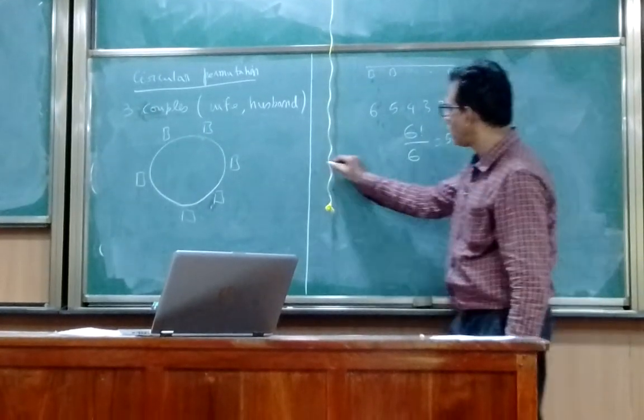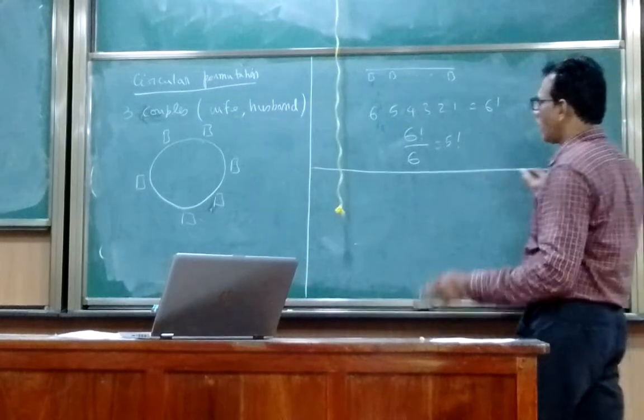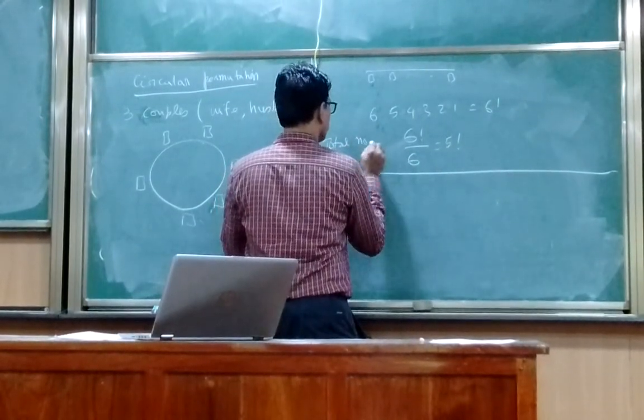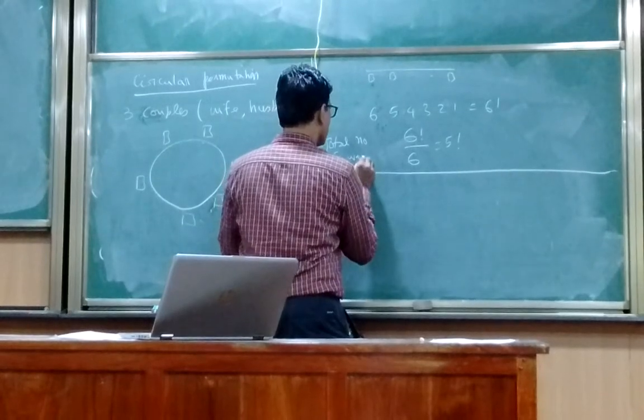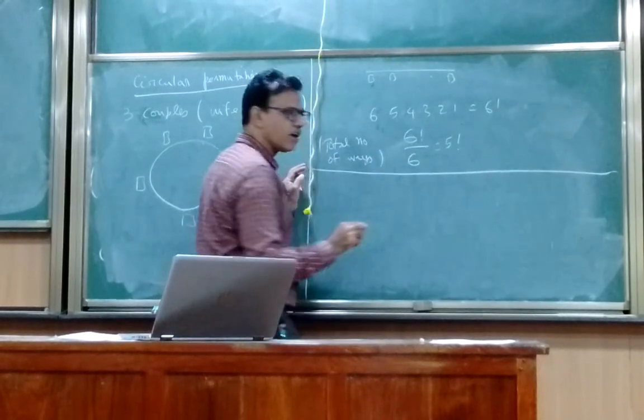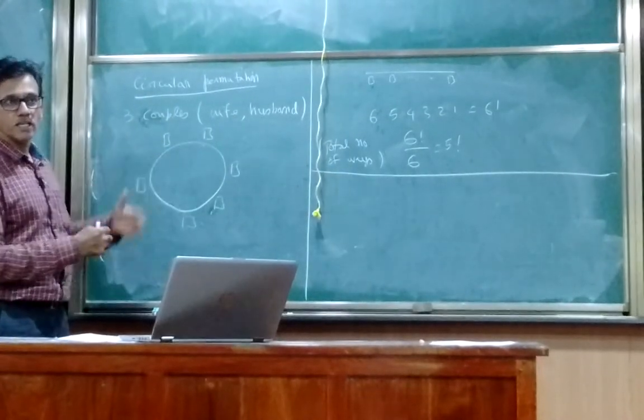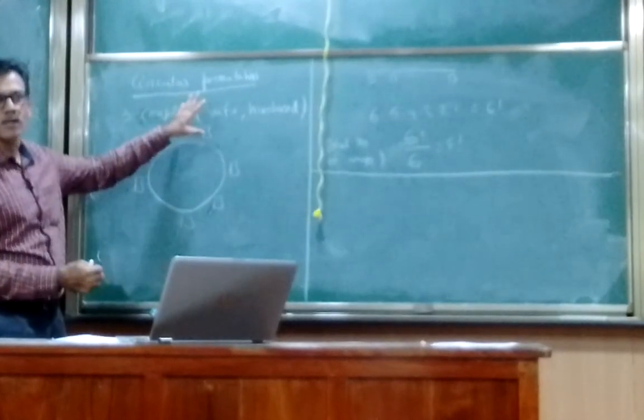With this knowledge, the total number of ways is 5 factorial.